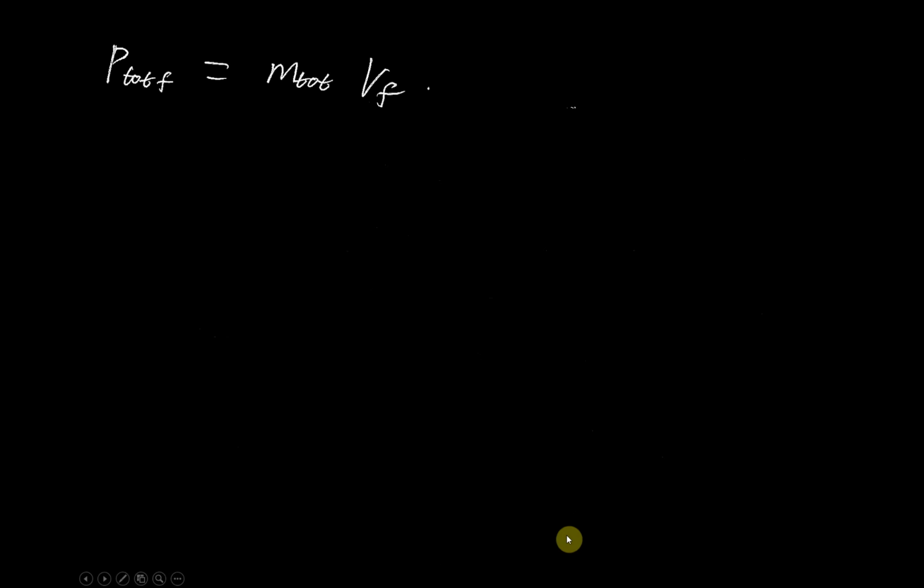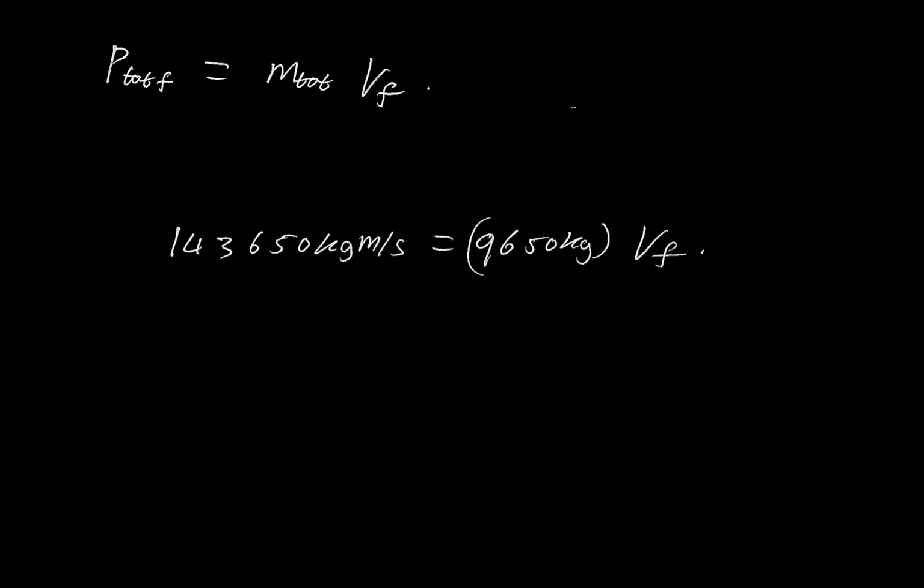P total, F, the final momentum, is equal to the total mass multiplied by the final velocity. So what we can say is the initial momentum has to be equal to the final momentum. So this is the initial momentum we calculated, adding mv for the car and mv for the truck, and that's equal to the mass of the truck and the car combined times the final velocity.